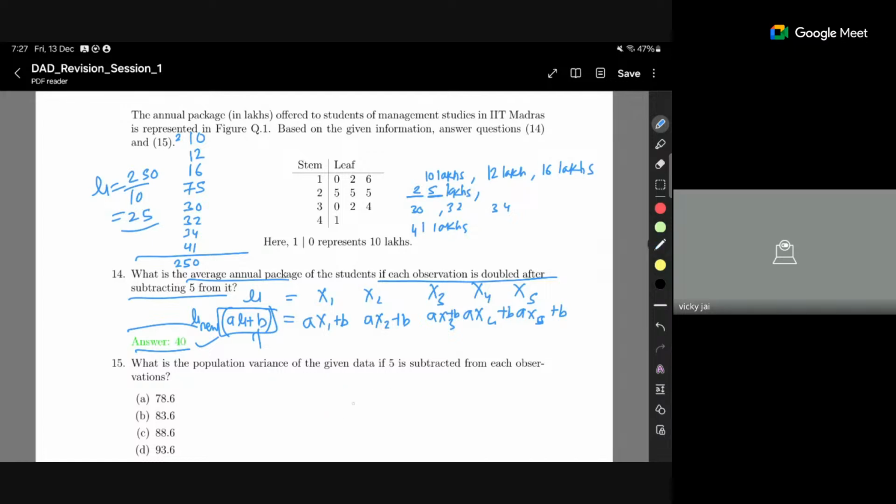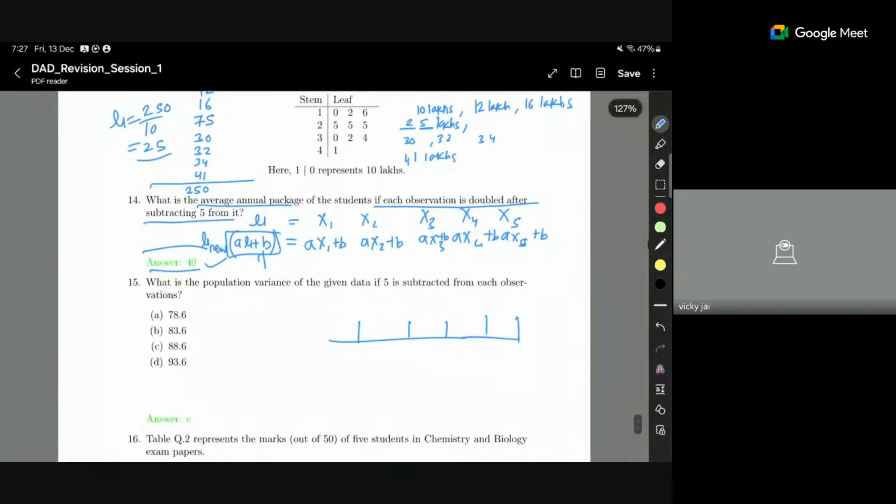Let's say if I plot this 3, 4, 5, right? This was the value, and -1, this is 1, this is 2, -2.